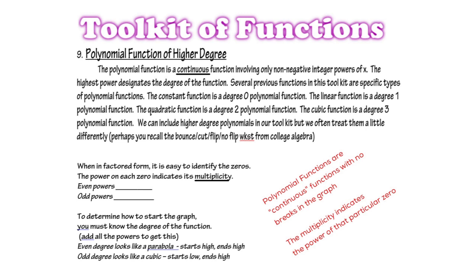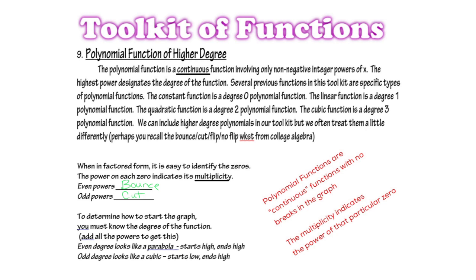When in factored form, it's easy to identify the zeros because it's all factored and it's just sitting there. The power on each zero indicates its multiplicity, how many times it is there. If you have an even power, it's always going to bounce at that spot. If you have an odd power on that factor, it's going to cut through the axis at that point.